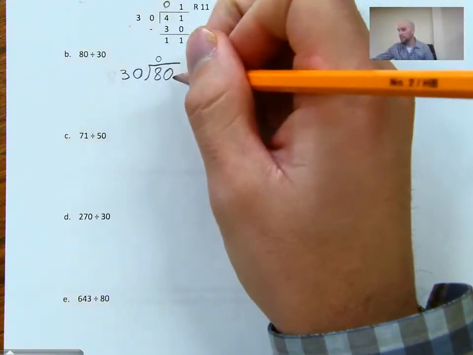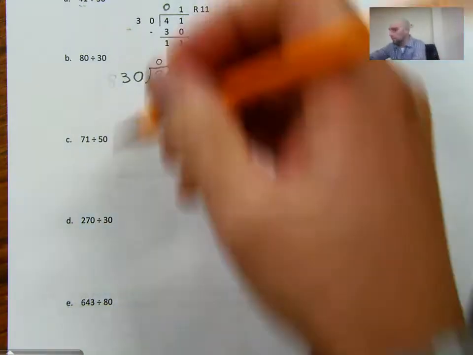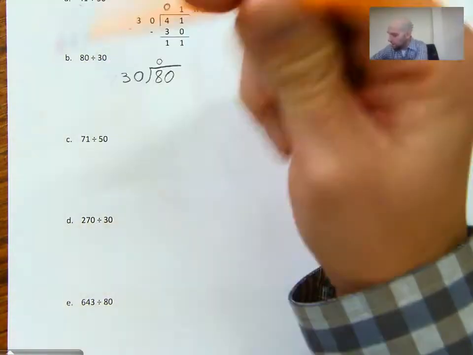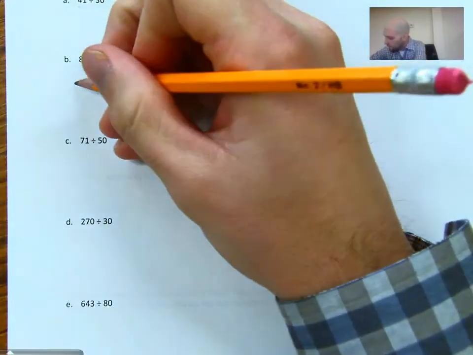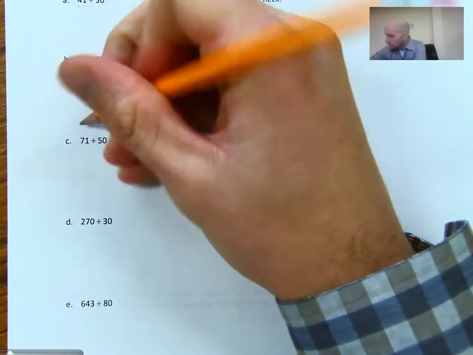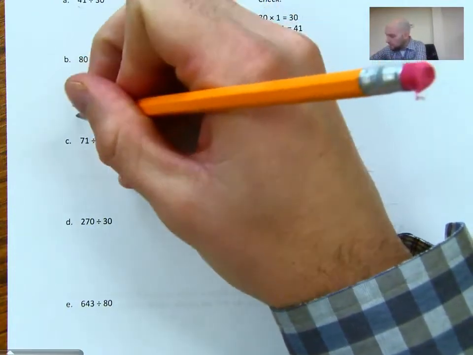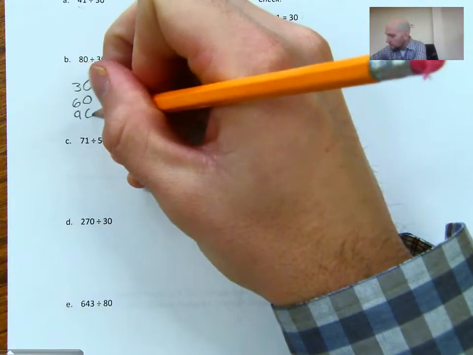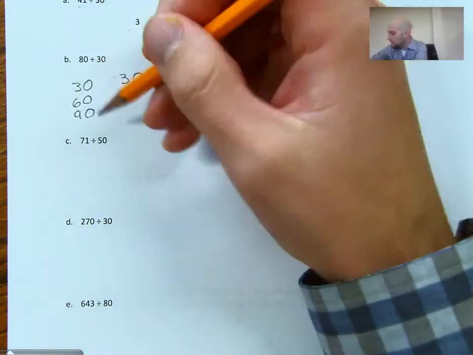30 goes into 80. If I'm unsure how many times 30 goes into 80, I can make a factor tree. I'll start with 30. Then 2 times 30 is 60. 3 times 30 is 90. All right, so I have passed 80.